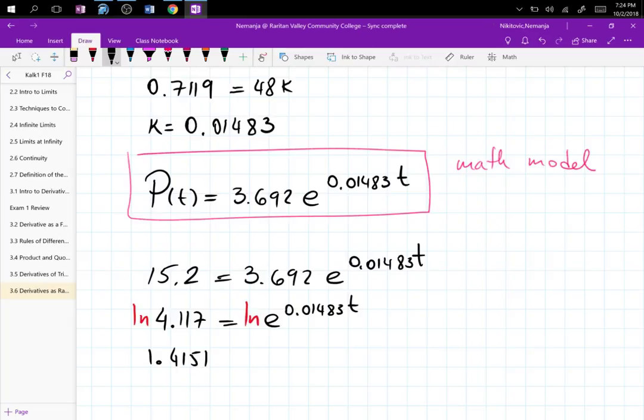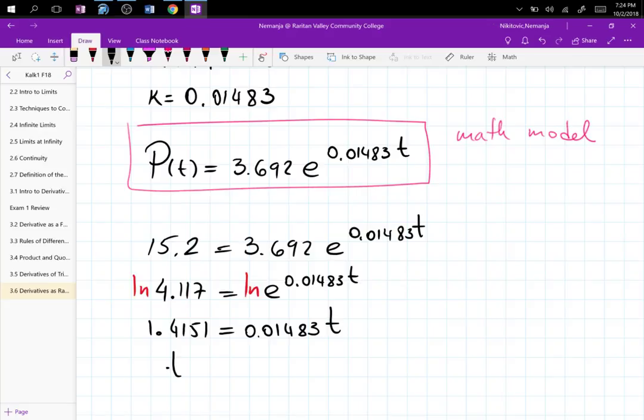I always keep 4 decimals because exponential functions have a lot of error if you round crudely. Equals 0.01483t. Just do the division. Divided by 0.01483.